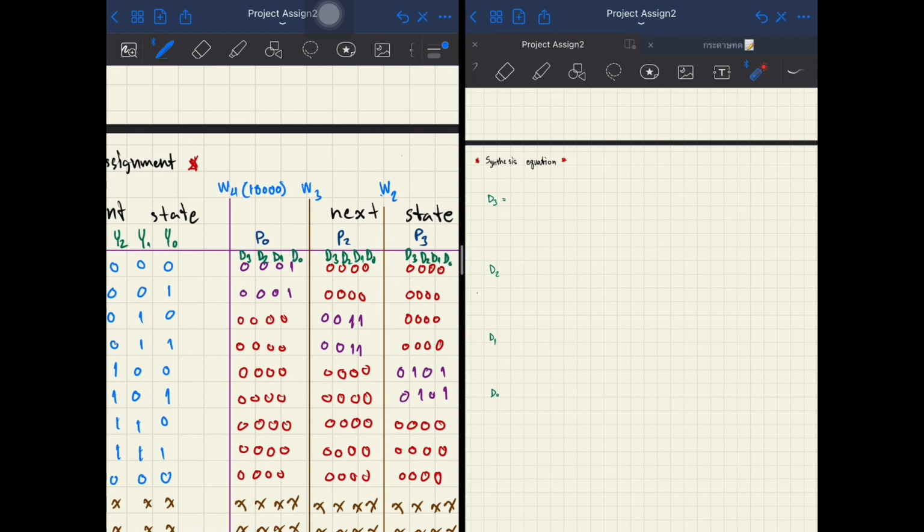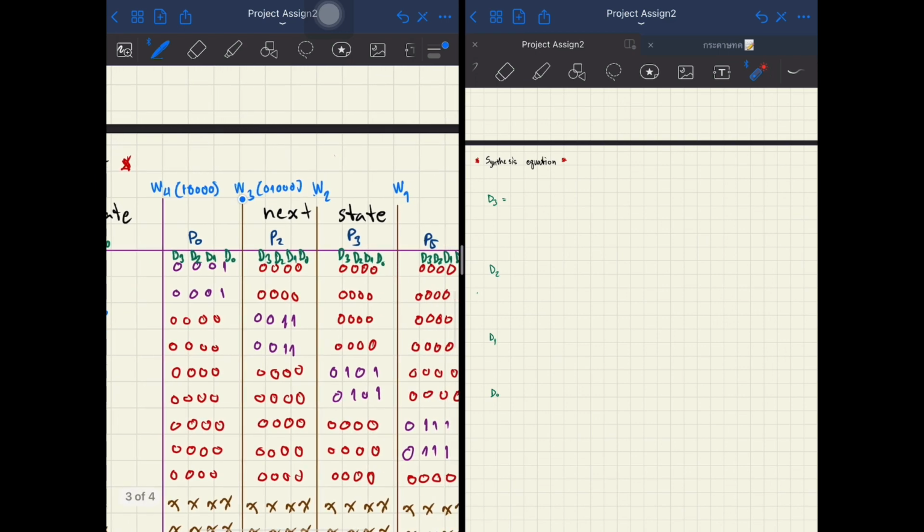Because we have 5 outputs and this bit represents whether we press the button, so it is 1, and then this is 0 1 0 0 0, right?